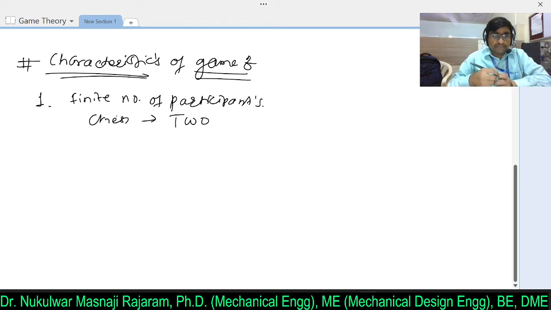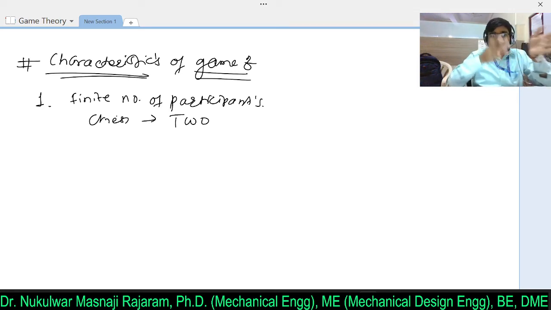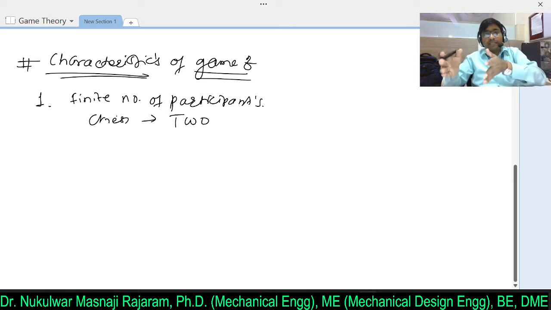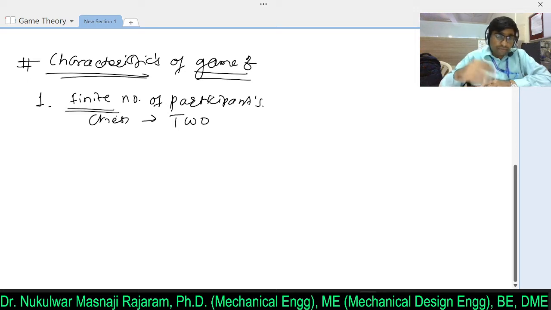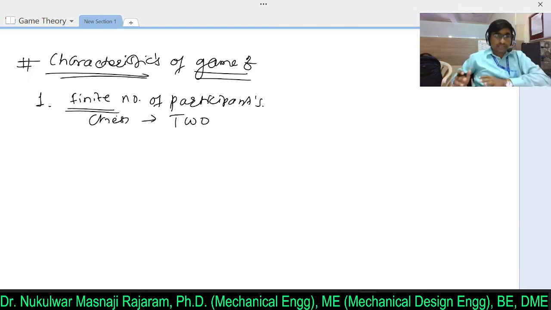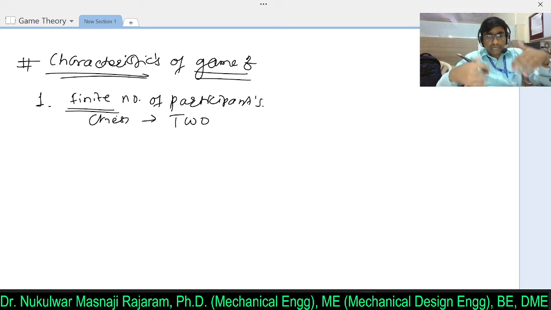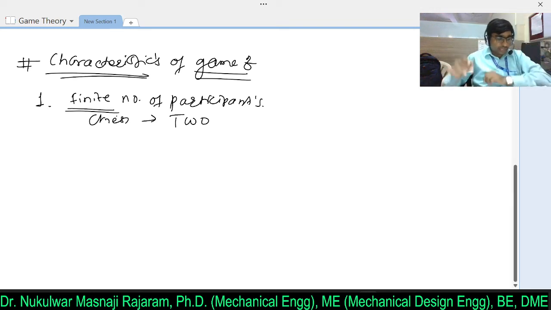If you consider cricket, there are 11 players for one team, and another 11 players work for the other team. So that game has a finite number of participants. If the number of participants is 2, it is known as a two-person game, and if the number of participants is more than 2, it is called an n-person game.